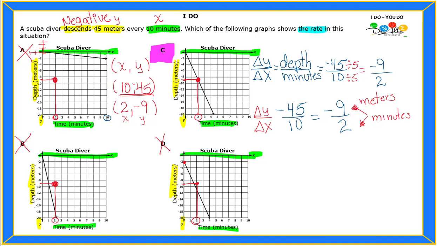And you can write down the same comparison and finding what I call equivalent fractions. So this will be equals to negative 18 over 4 if you multiply by 2. If you multiply by 3, it will be negative 27 over 6. If you multiply by 4, it will be negative 36 over 8.